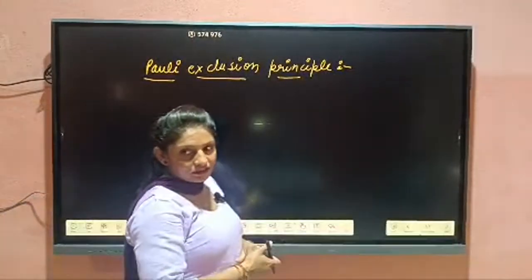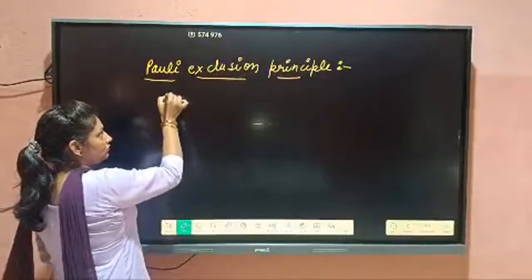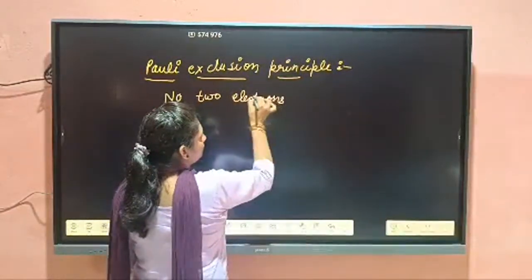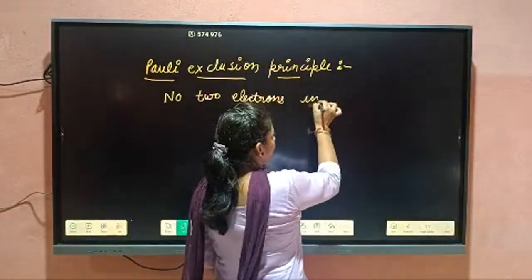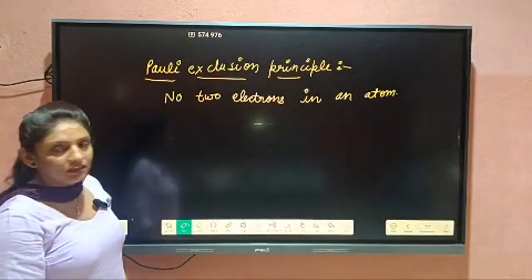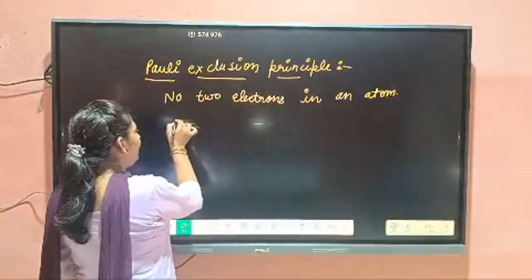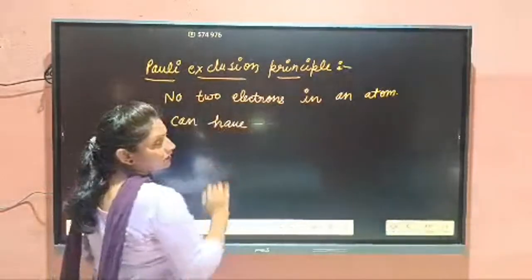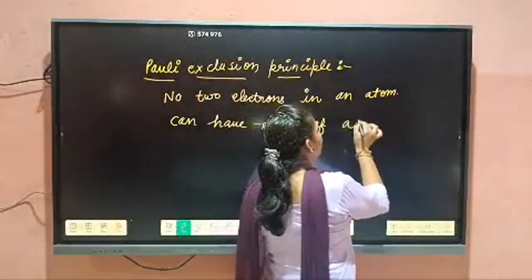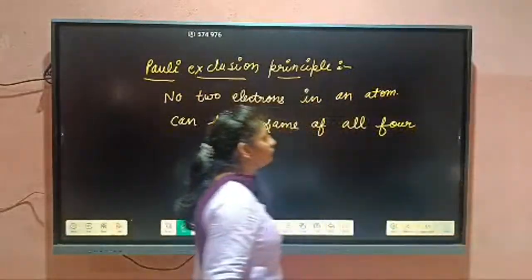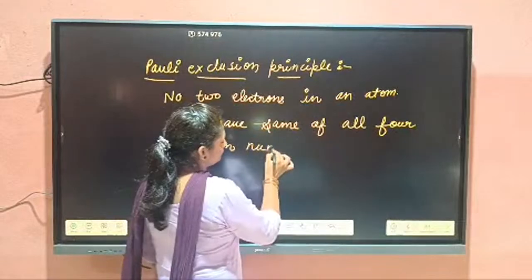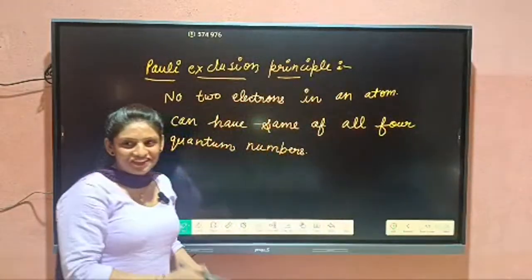This principle states that no two electrons in an atom can have the same set of all four quantum numbers. This statement is clear to you or not?